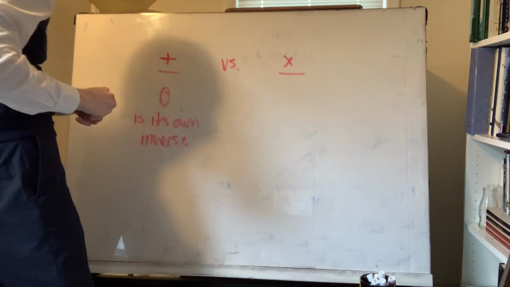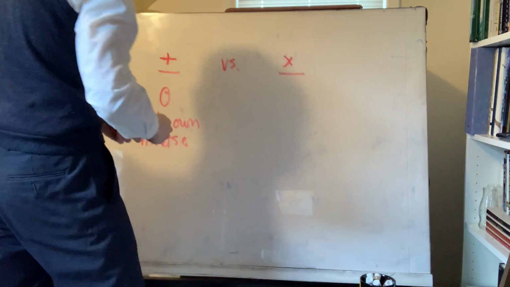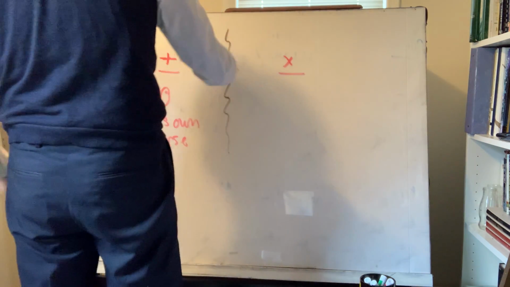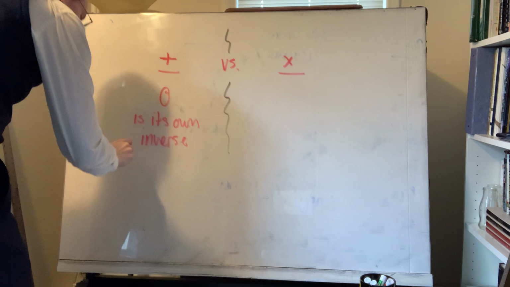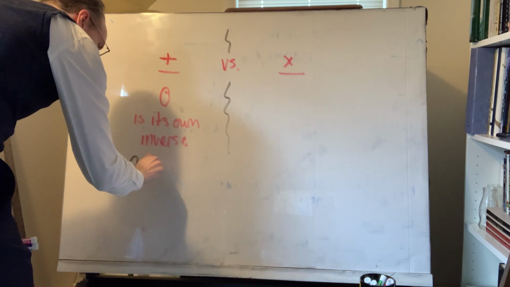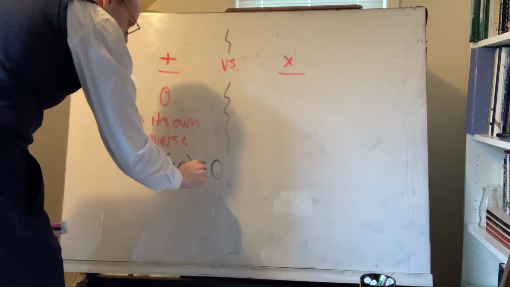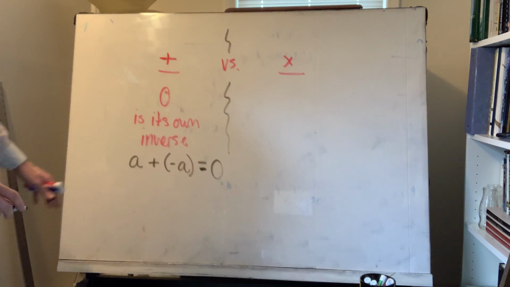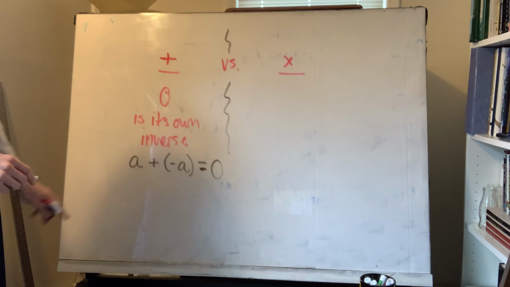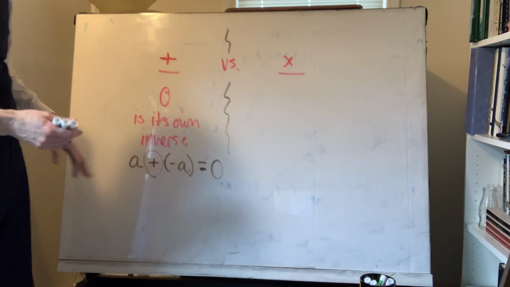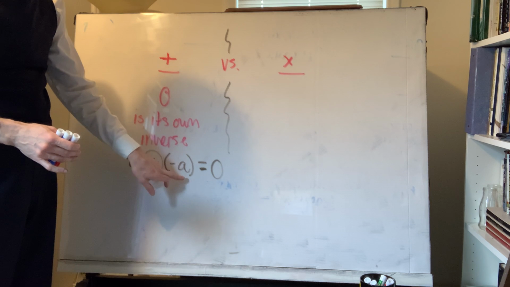Here's why. The model is that any element plus its inverse produces zero. This is the model of inverses specifically for the addition operation. We like to have a situation where we have a positive and we have a negative.